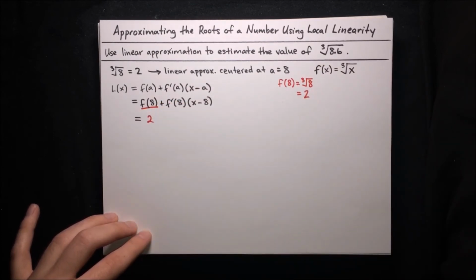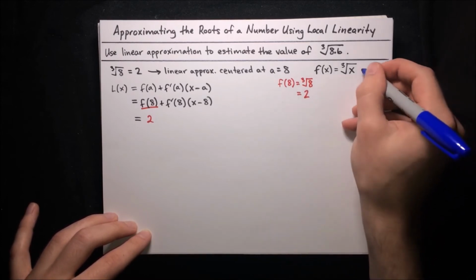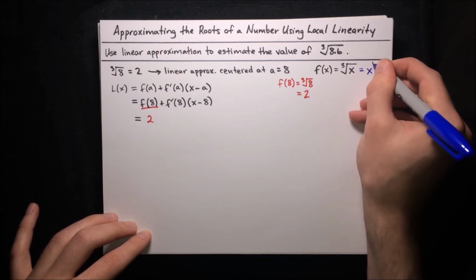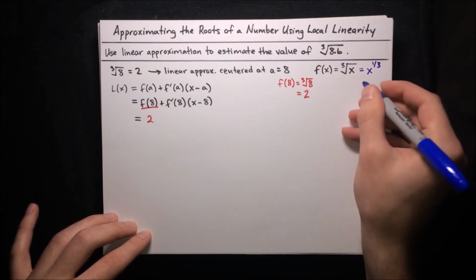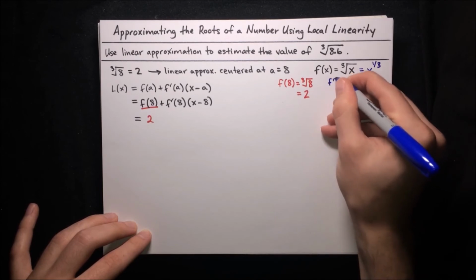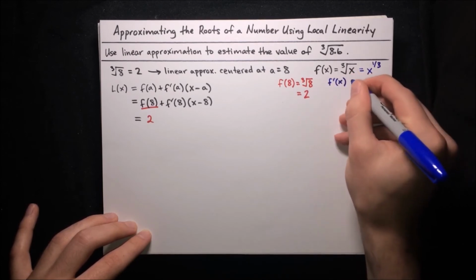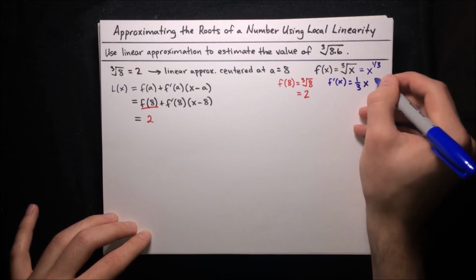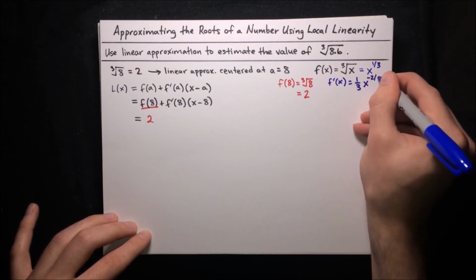Okay, so what about f prime of 8? Well, we need to differentiate our function f here, and to do that, let's go ahead and express this as an exponent of x. This is x to the power of 1/3. That way we can use the power rule. So f prime of x, just bring down that power 1/3, and then decrease the power by 1. 1/3 minus 1 is negative 2/3.